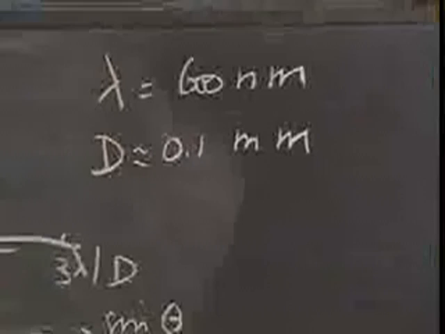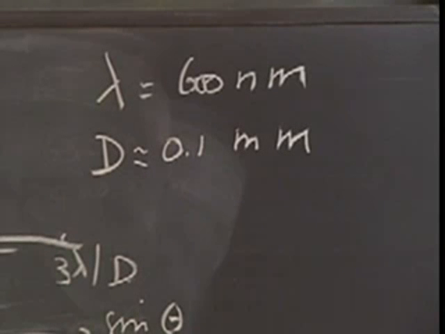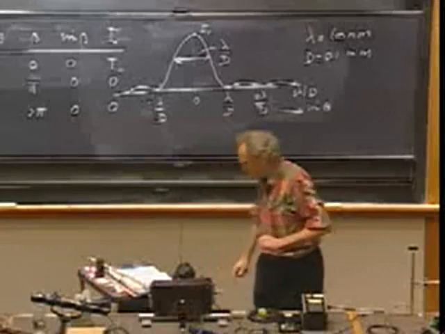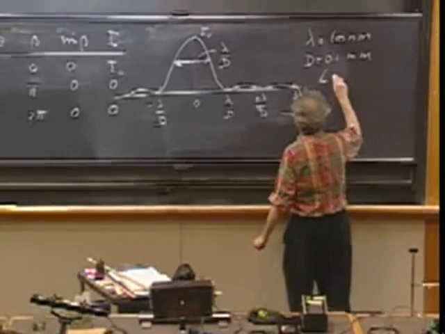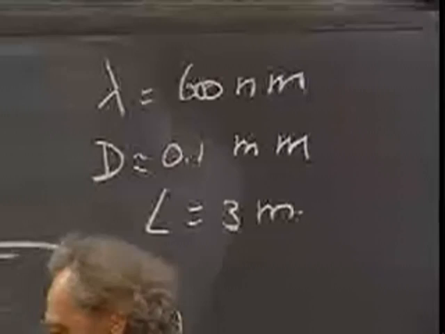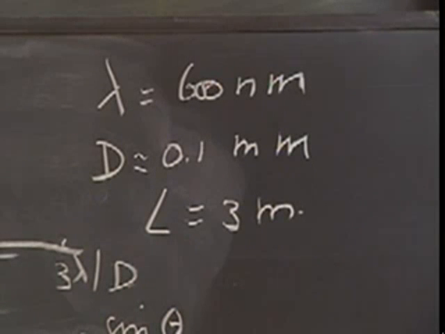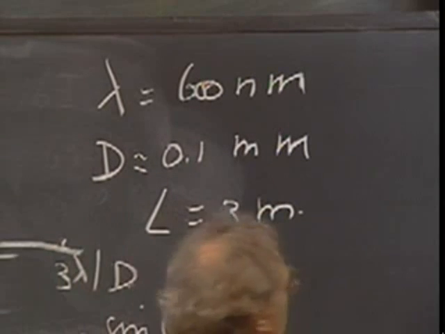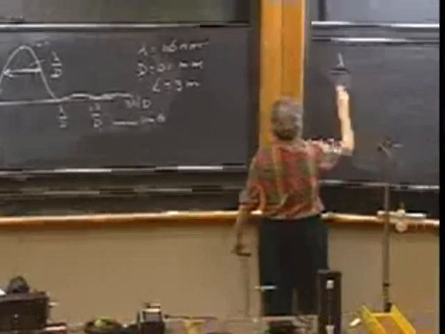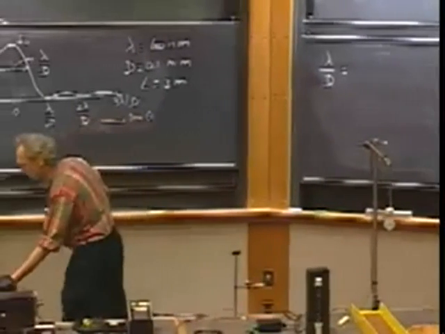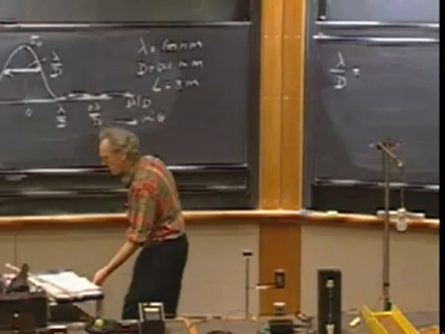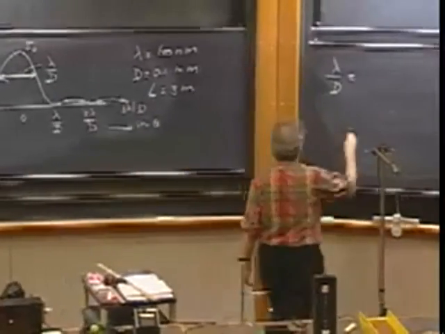So we have a slit, which has a width opening of only 0.1 millimeters. And we'll put a screen there, L, at a distance of about 3 meters. So we can calculate now what lambda divided by d is. So that would give you the angle in radians. That is 6 times 10 to the minus 3 radians.